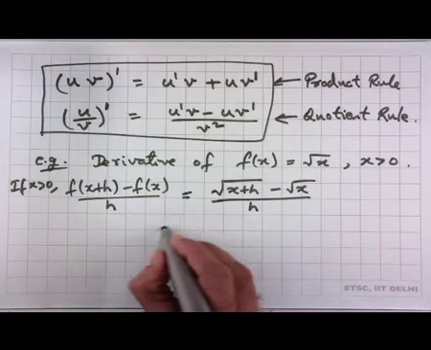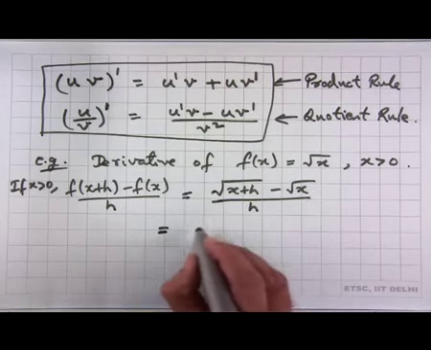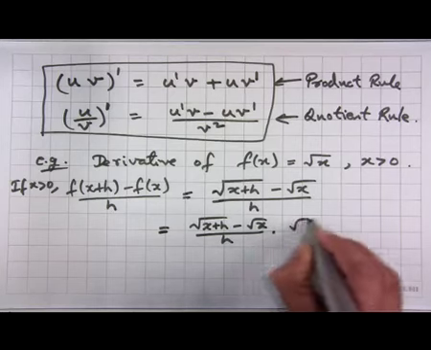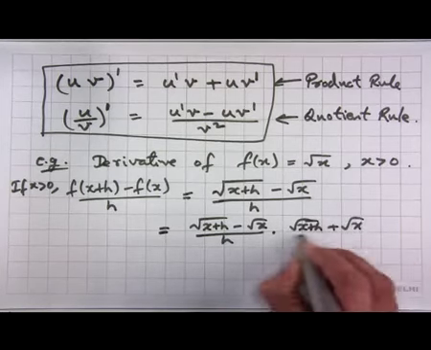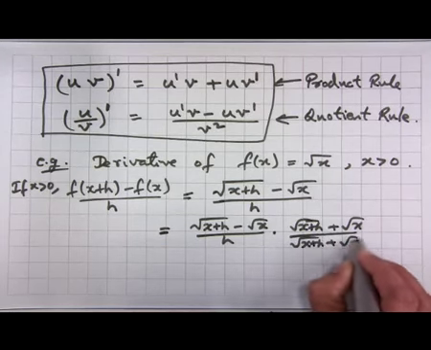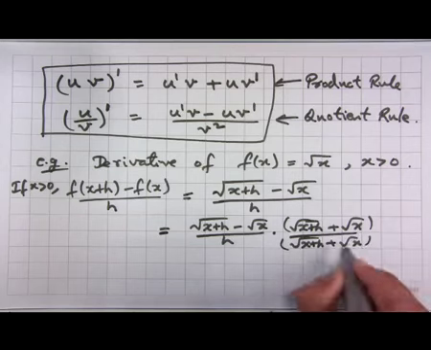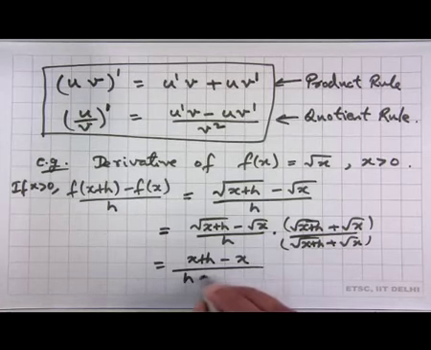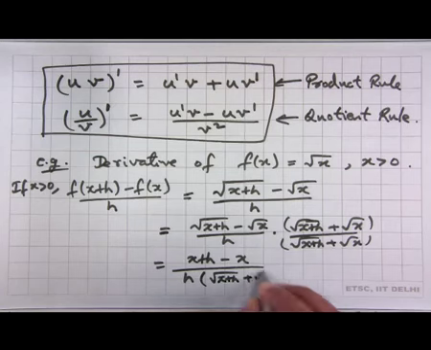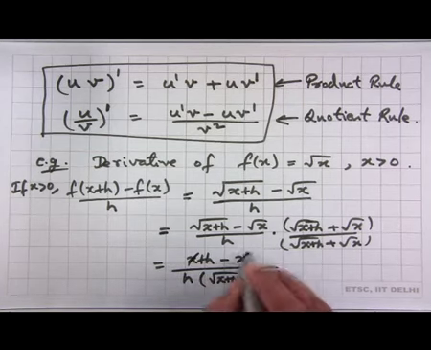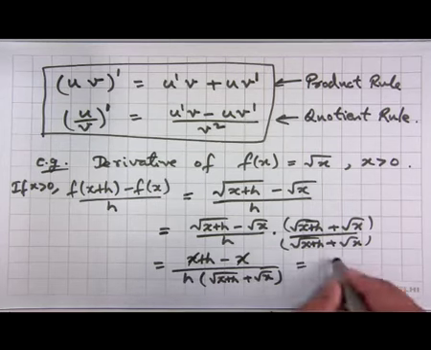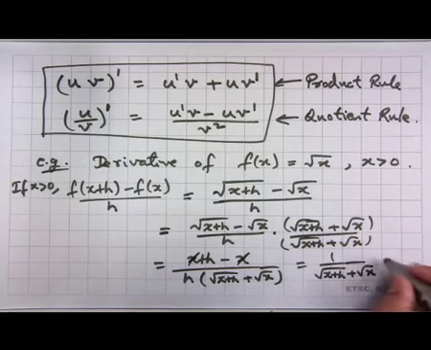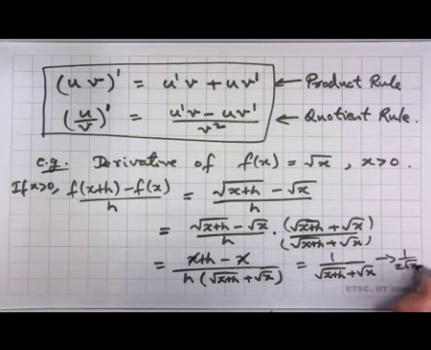So, one way to do this is you multiply and divide by square root x plus h plus square root x, and then what you get in the numerator is x plus h minus x divided by h times square root x plus h plus square root x, and then in the numerator x cancels, and then you can cancel the h, you get 1 by square root x plus h plus square root x, which approaches 1 by 2 square root x as h goes to 0.